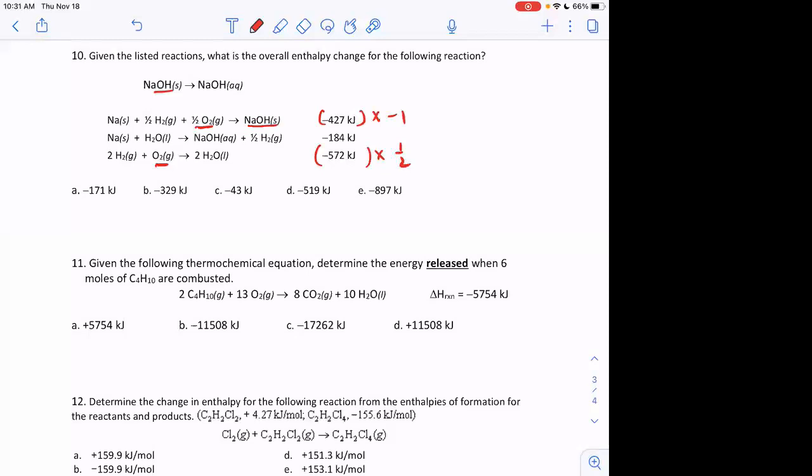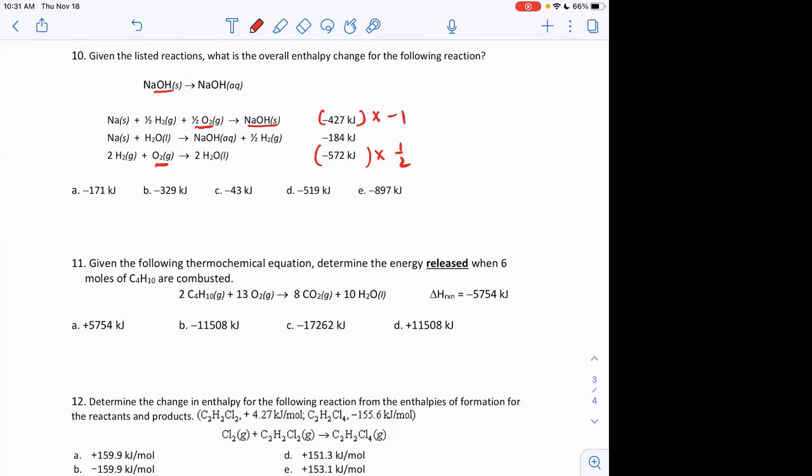Could you have multiplied the first by 2? Yes. So lots of times there's multiple ways to do it. Well, if you multiply the first by 2, no, that's not going to do it because then you're going to wind up with 2 sodium hydroxide.